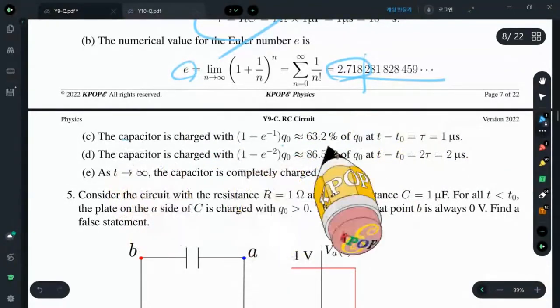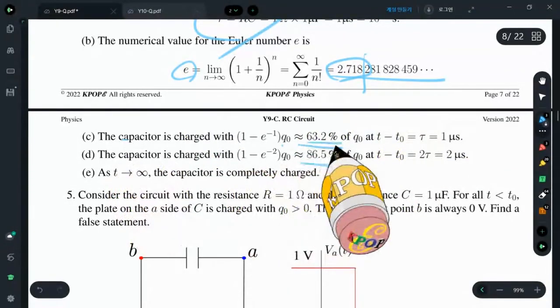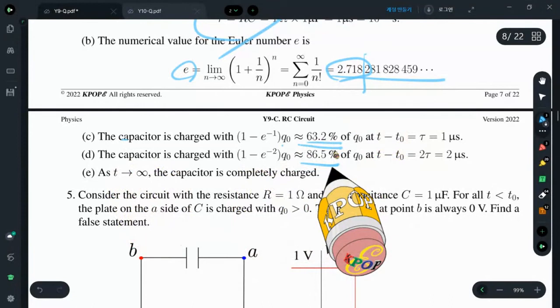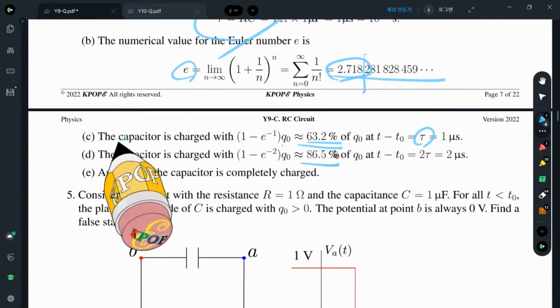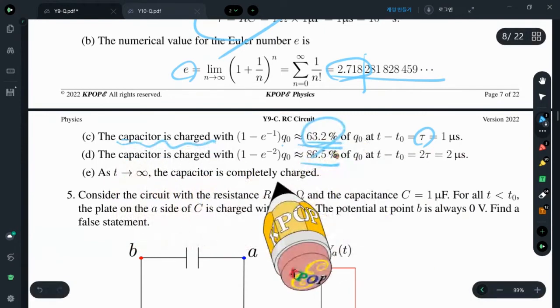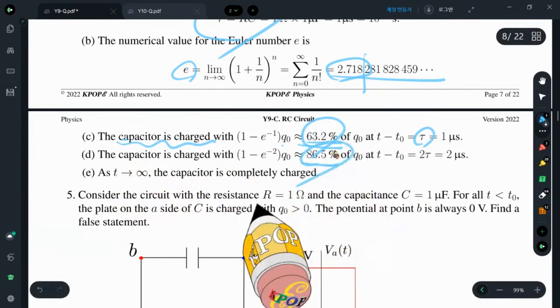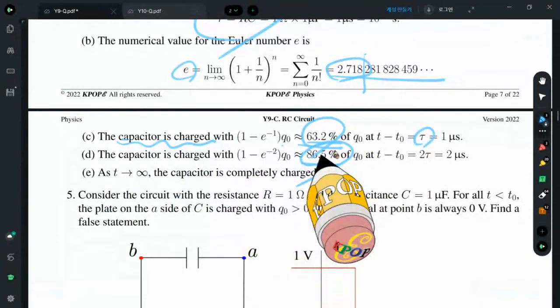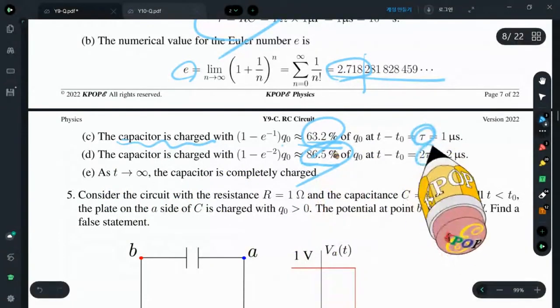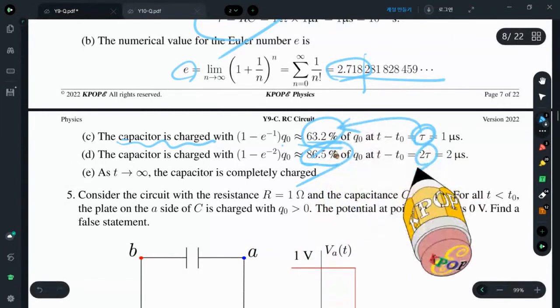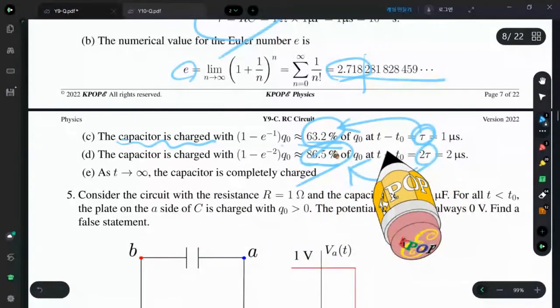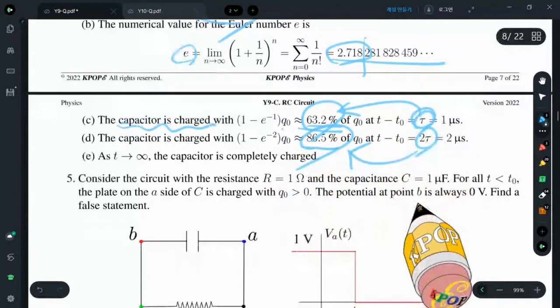Using this, you need to know the numerical value of what the time constant means. The capacitor is charged by 60% at tau, and 87%, something like that, at 2 tau. This represents the percentage in the numerical sense. Remember.